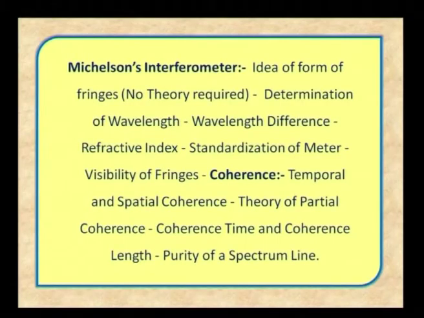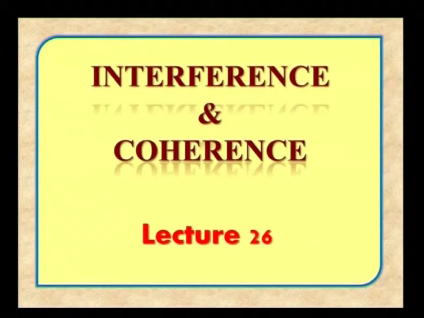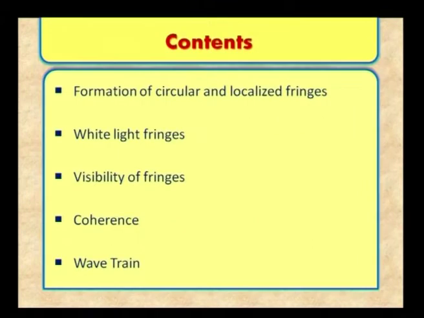We have been going through a course of lectures on optics, and now we have been seeing the Michelson Interferometer, then visibility of fringes, coherence, temporal and spatial coherence, etc. The contents of lecture number 26 are as follows: formation of circular and localized fringes, white light fringes, visibility of fringes, coherence, wave train.